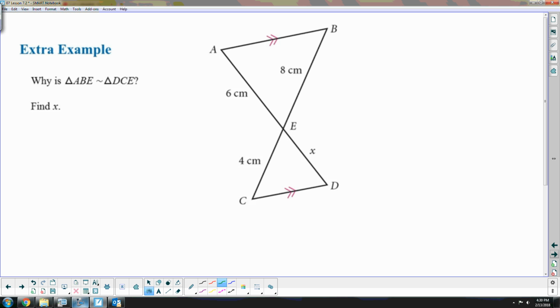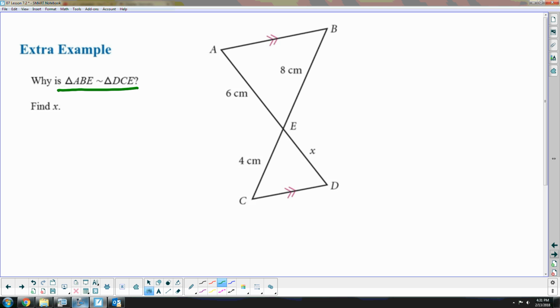Right, and then this last question, the extra example, asks, why are these two triangles similar? Well, let's look at our possibilities.